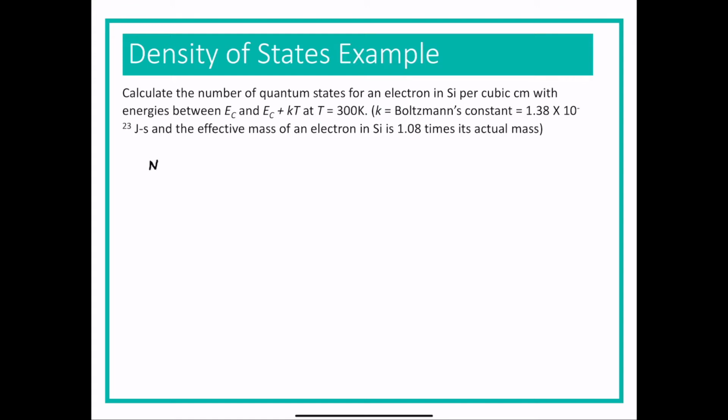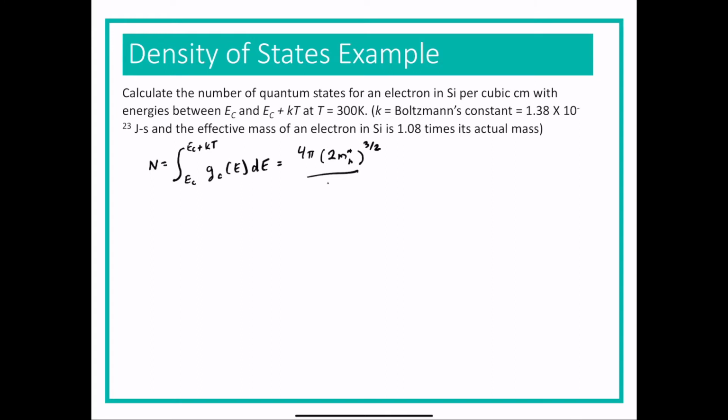So what we're going to have to do is integrate from the conduction energy to the conduction energy plus kT. And then we will have this function, g_C(E) dE. And the nice thing is, first of all, there's a whole bunch of stuff that's constants. And constants don't get integrated, so I'm going to put them outside the integration.